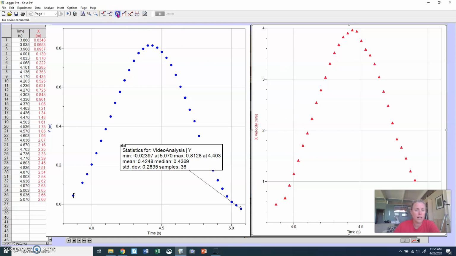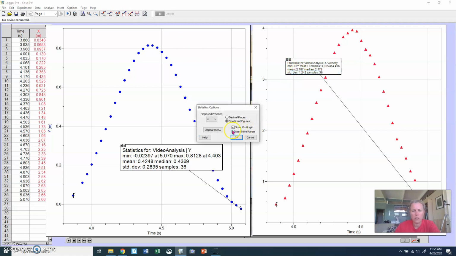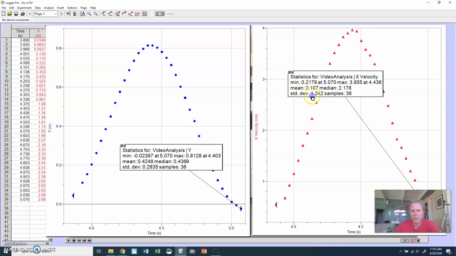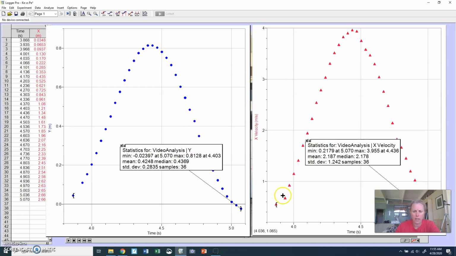So let me get some stats on that one, and I will get those also bigger. Okay. Stats for this, and it seems to have this peak as far as velocity. So it starts slow, right? And then it speeds up, right? And then it hits that max, and then it slows down again.